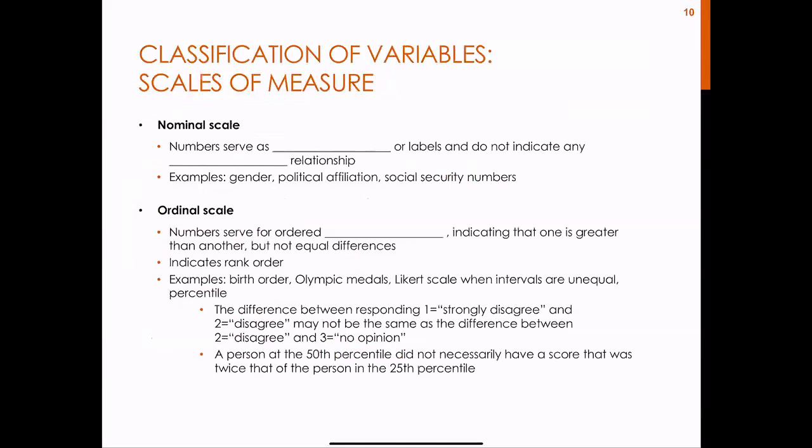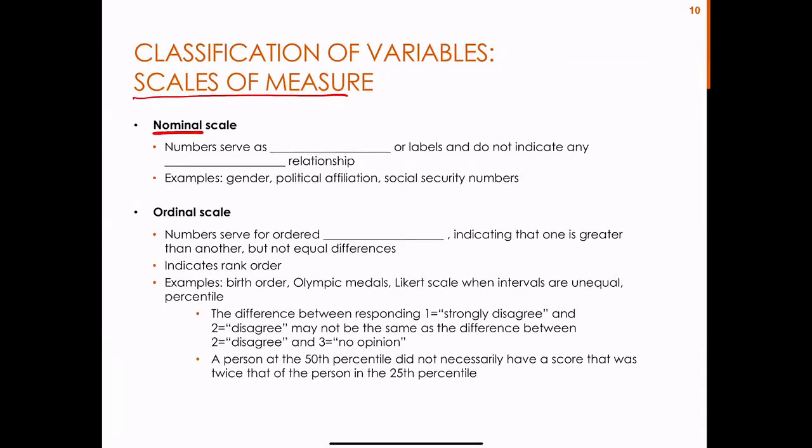As mentioned before, quantitative variables can be discrete or continuous. And there are also 4 scales of measurement. The scales of measurement are important since they further describe our data. The first one, and the most general, is the nominal scale.